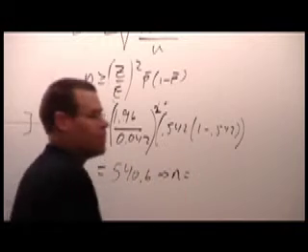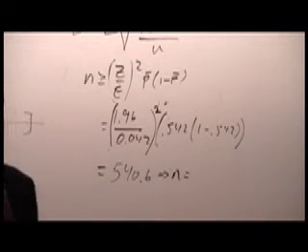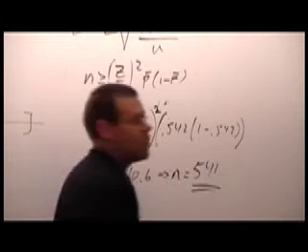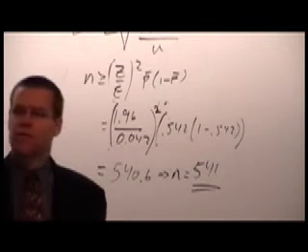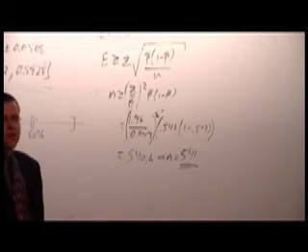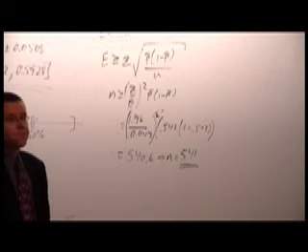So n is equal to what? 541. So the minimum amount you would need, based on this structure, is 541 observations in order to conclude one way or the other.